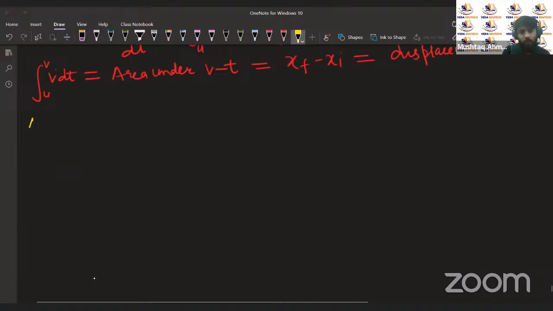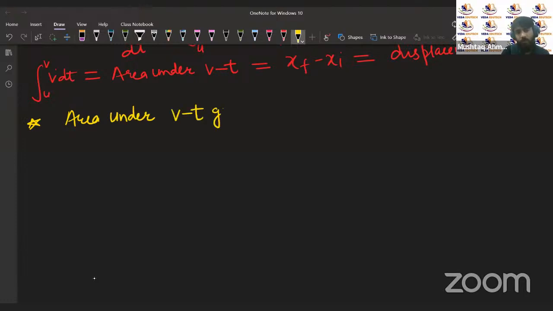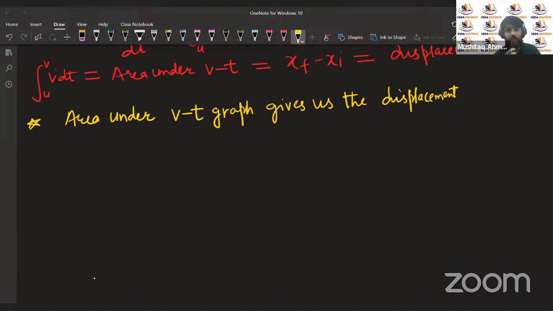So this is a very important point. The area under the v-t graph, the velocity time graph, gives us the displacement.